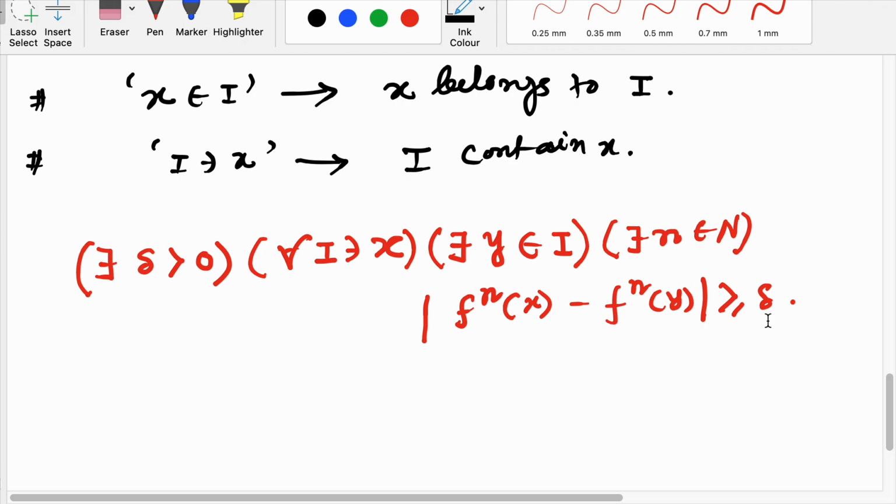This is called sensitivity, and that's how it is read: f is sensitive at x.